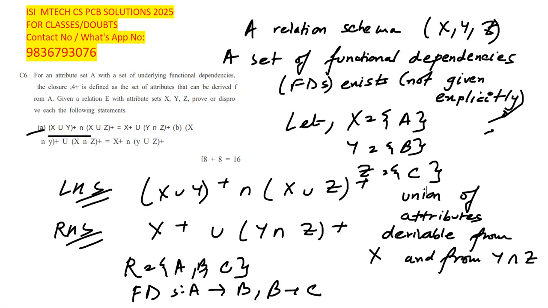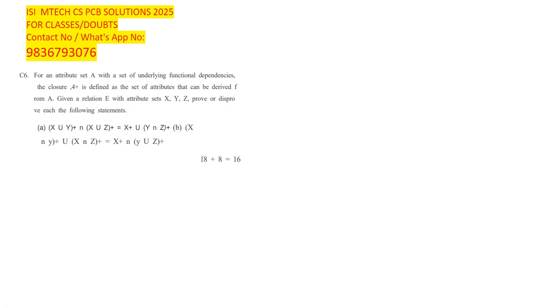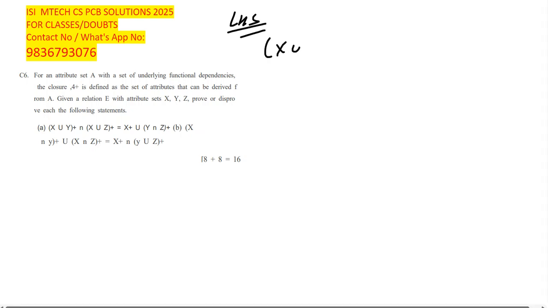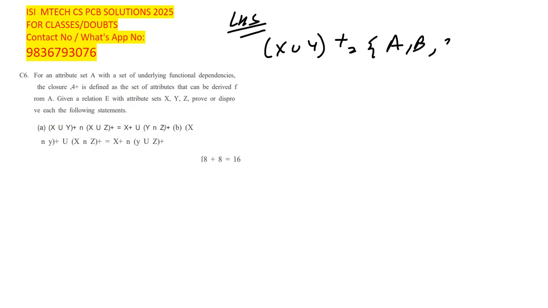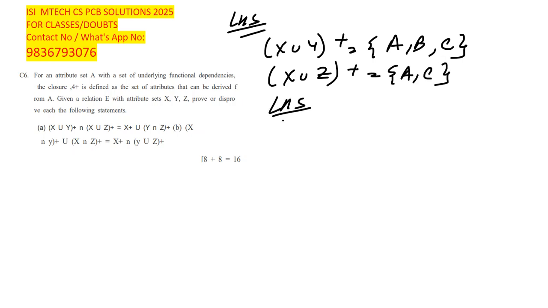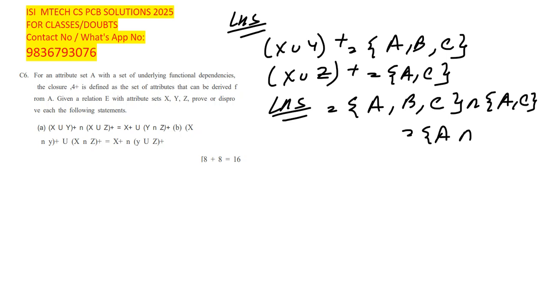So here left hand side will be okay, and left hand side then intersection A comma C. So that will come obviously A and C.